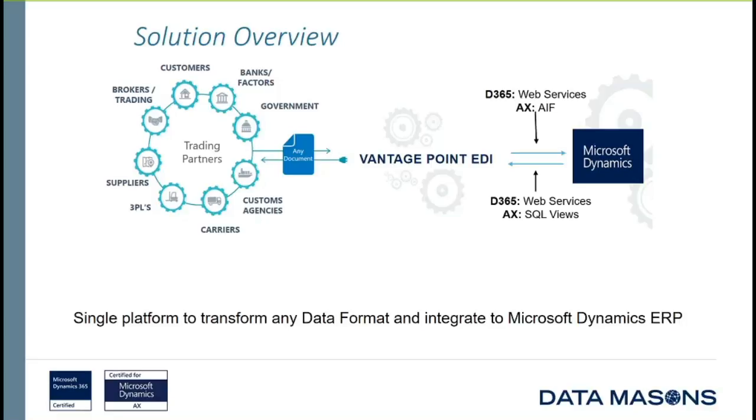From a D365 perspective, we take advantage of the RESTful web services, OData endpoints, using data entities that either Microsoft has created or maybe we have created to enhance what's been out there. From an AX perspective, we'll use the AIF, Application Integration Framework, from an inbound perspective, and then SQL views from an outbound perspective. That's how we get data.